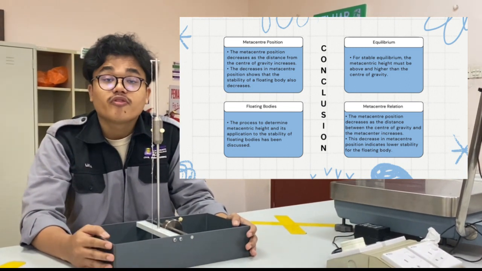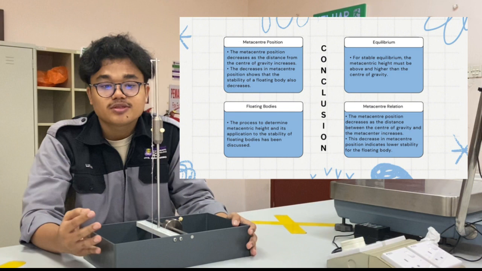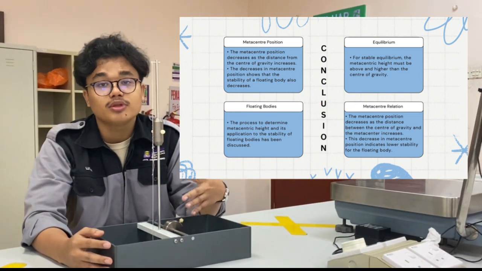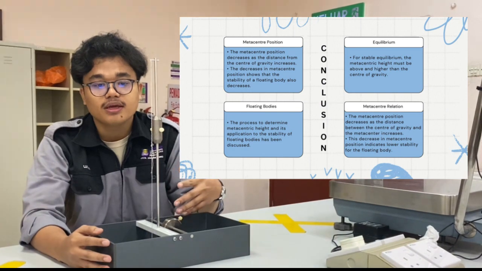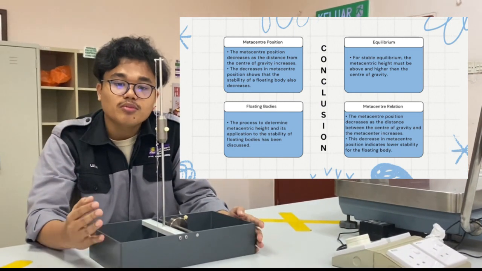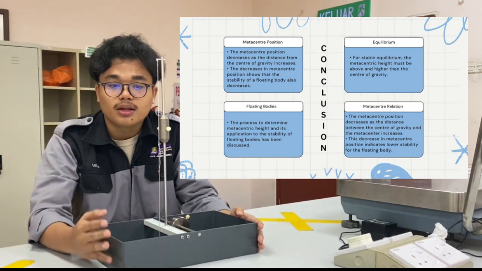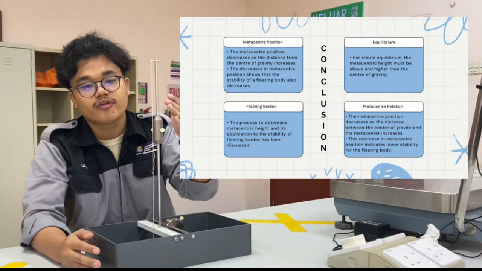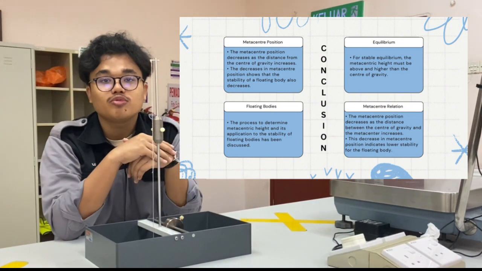Next, the position of the floating body's metacenter has been discovered to decrease as the distance between its center of gravity and its metacenter increases. This shows that a floating body's stability lowers as well. The metacenter height must be higher than the center of gravity for an equilibrium to be stable.